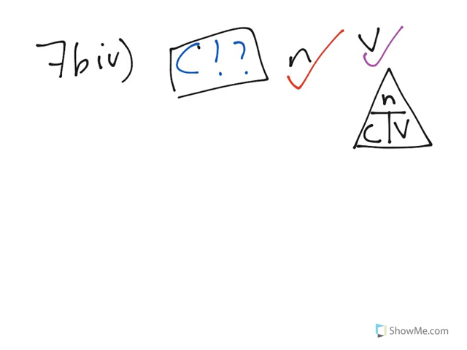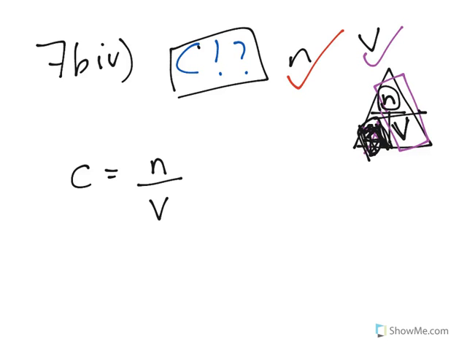So now we don't have the concentration, but we do have the number of moles and volume. So the equation is as follows: concentration equals number of moles divided by volume. Remember, you put your finger over the concentration, because that's what you don't have, and then you're left with number of moles over volume. So that's how that triangle works.